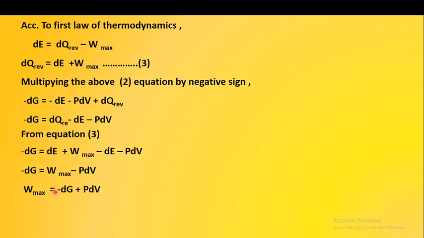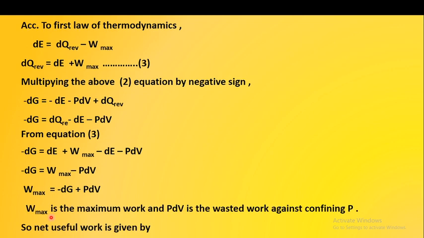Therefore W maximum is equal to minus dG plus PdV. Here W max is the maximum work done, and PdV is the wasted work done against the confining pressure P. Therefore the net useful work done is given by minus dG is equal to dW useful. So this is the significance of the Gibbs function, that is minus dG is equal to dW useful.